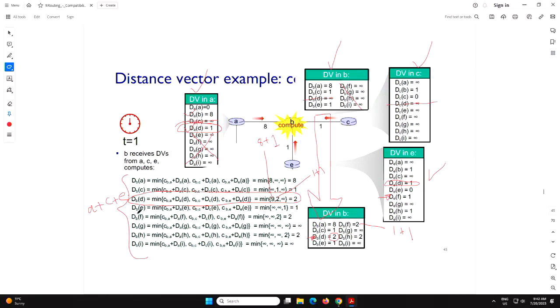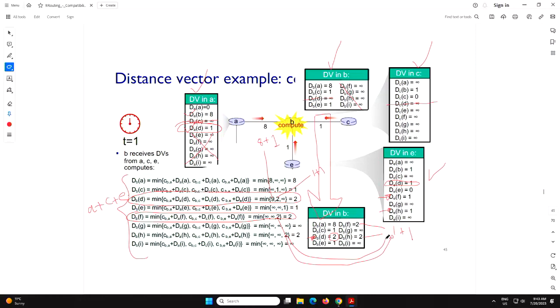So if you look at F, the only thing is 2, right? So this 2 is here. Okay? So it has learned F, and then same thing about H. You can see H is also 2. Okay?